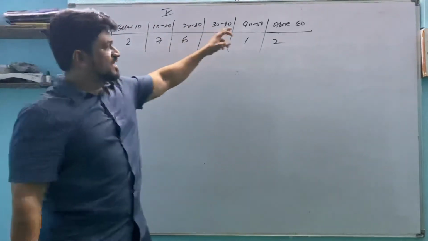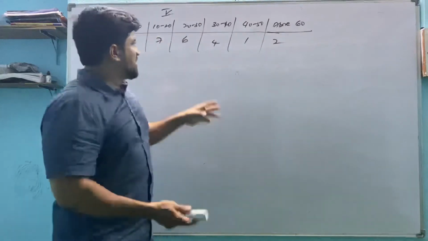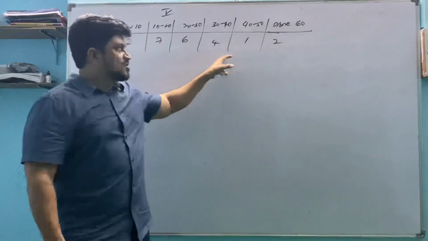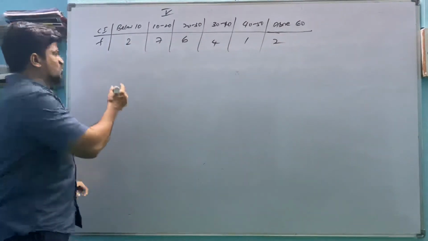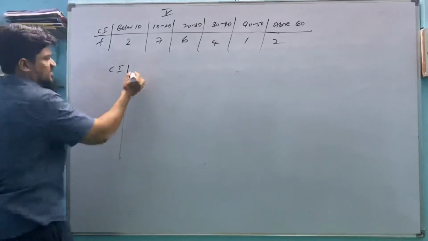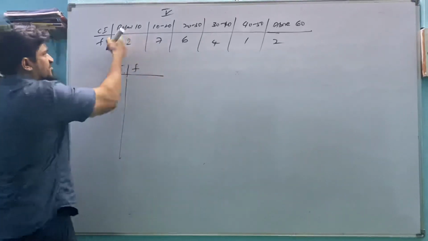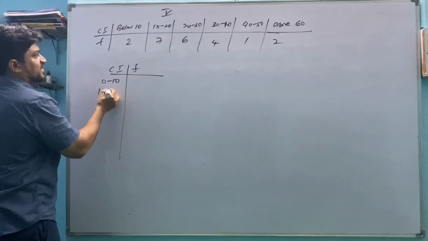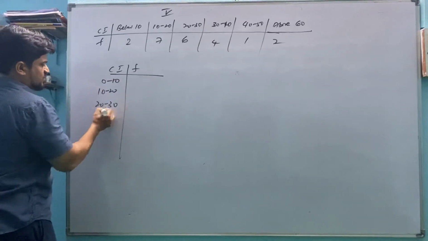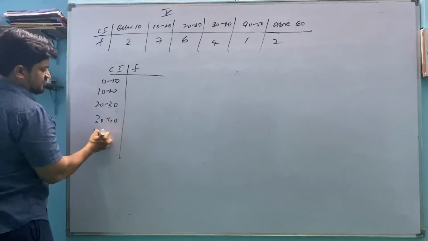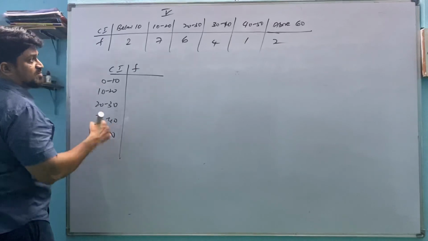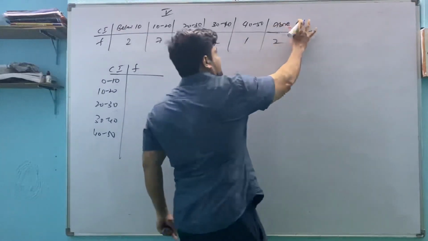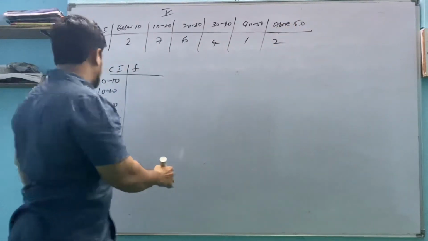Below one value they will give, above one value they will give, and the rest of the classes they have given. So what you have to do is close the ends and start. No need of subtraction. Below 10 means 0 to 10, then the remaining are already there: 20 to 30, 30 to 40, 40 to 50. Above 50, so we can write 50 to 60.